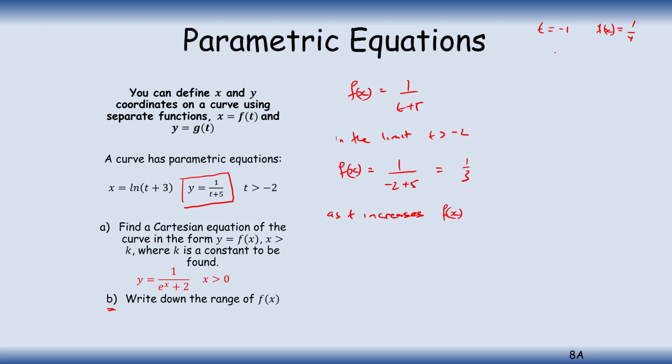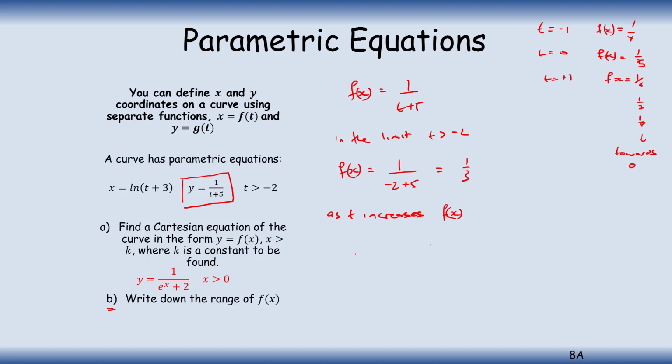So it's getting smaller. If t equals 0, f of x is equal to a fifth. Getting smaller again. t equals plus 1 this time, f of x equals a sixth, and so on. Now it gets smaller and smaller and smaller. It goes towards 0, but never quite gets there.